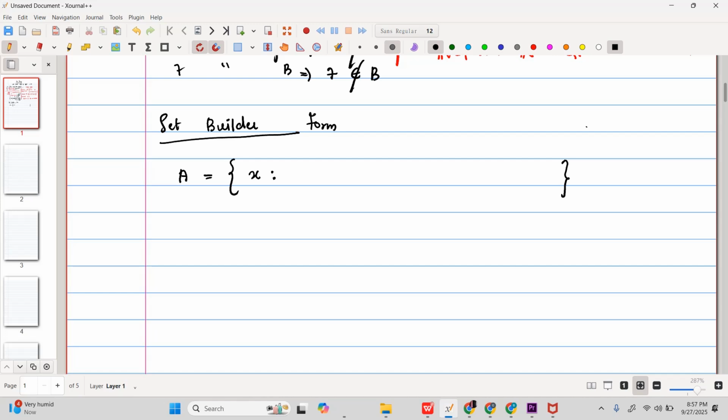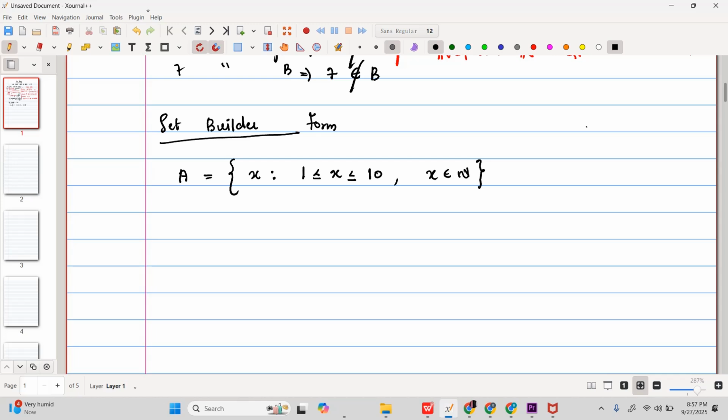So if I am selecting x such that 1 less than or equal to x less than or equal to 10, and x belongs to the natural number system, this is the characteristic of x. What is meant by the natural number system?